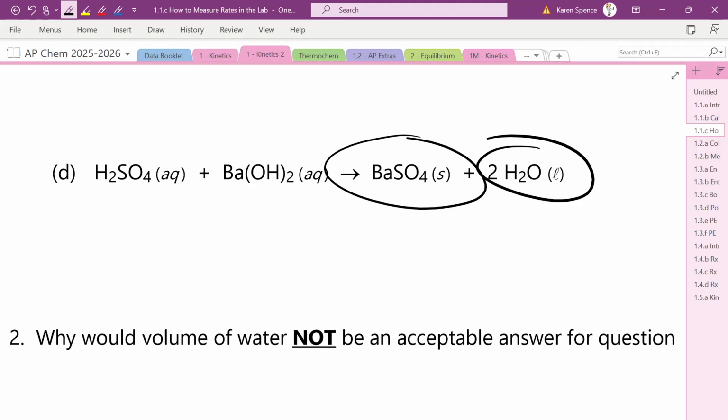Second of all, how are you going to collect the water at the end? Because right now you've got a precipitate that has formed, right?